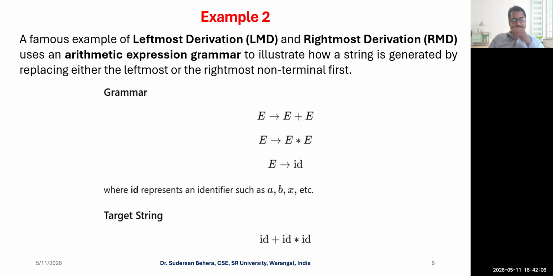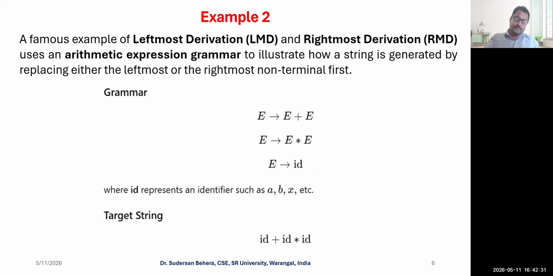If you are able to generate the target string, then the string is grammatically and syntactically correct. If you are not able to generate the string from the given grammar, then there must be some mistake in the string, and the string is grammatically ill. So this is the target string given.